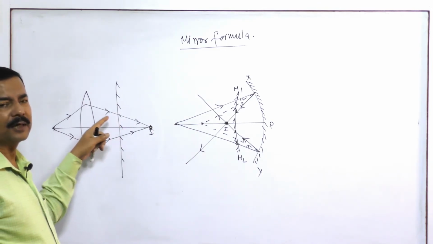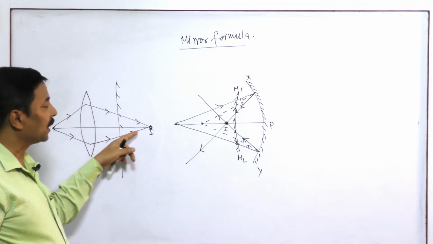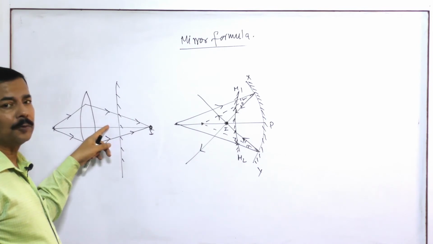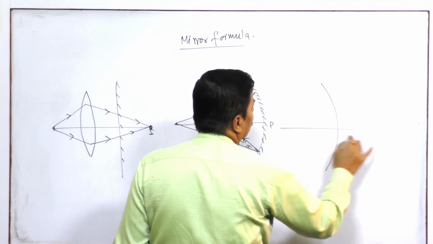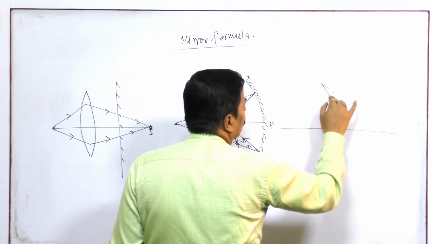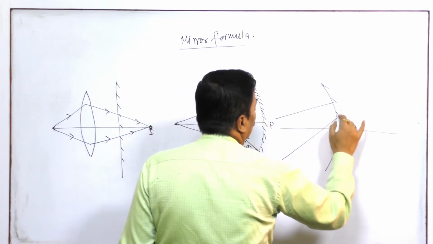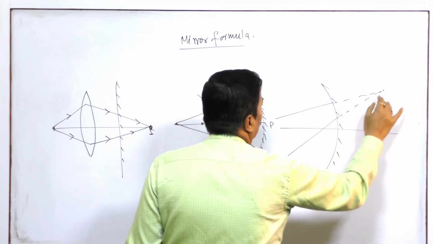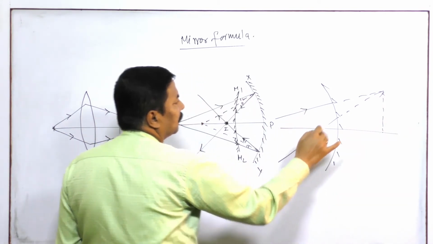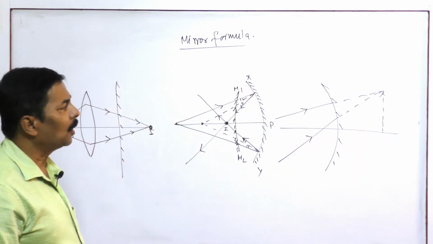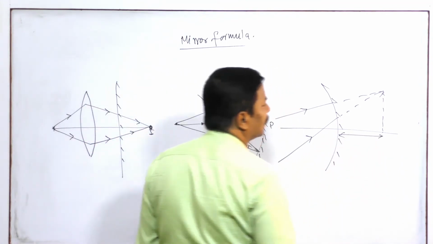So always keep in mind that the virtual object concept is basically this, that rays should be converging. If a concave mirror is there and we are taking this type of ray, then this is a virtual object for this mirror. This distance will behave as the virtual object distance.